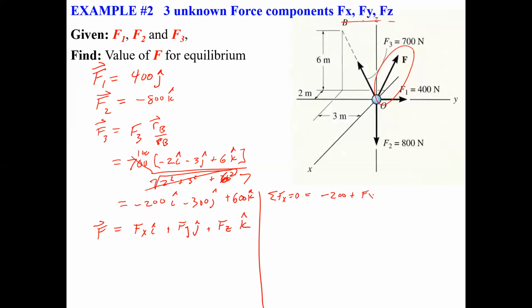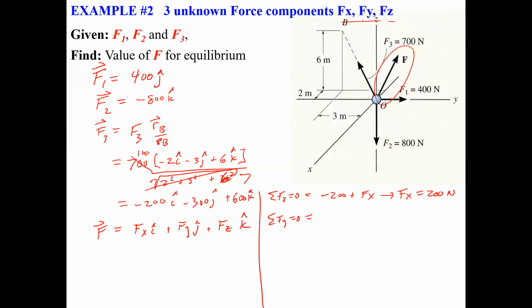Plus Fx, the magnitude of the x component of our unknown force. And that equals 0, so therefore Fx is going to have to equal 200 newtons.